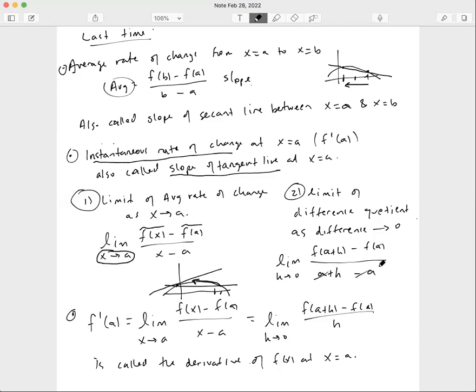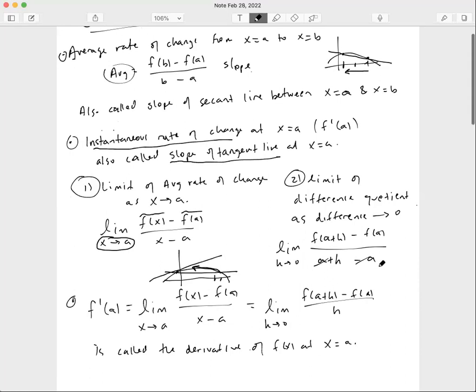So h is the difference between the 2 values you're calculating the average rate of change over. A is the point that you care about, and a plus h is some point further down, or if h is negative, some point before. As you bring that difference to 0, you're looking at the change happening closer and closer to a specific value. So taking the limit, we can jump from 2 points to 1 point.